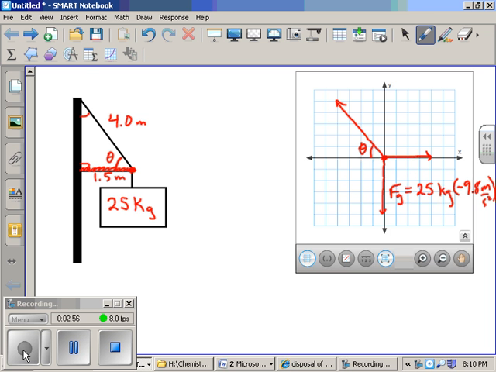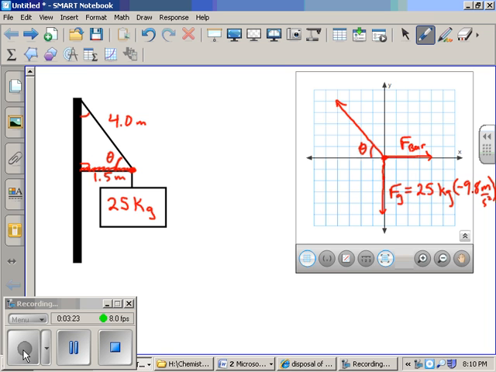If this force of the bar was acting to the left, it would not be able to maintain equilibrium. So that is not the way it's working. So we have a free body diagram that looks like this.